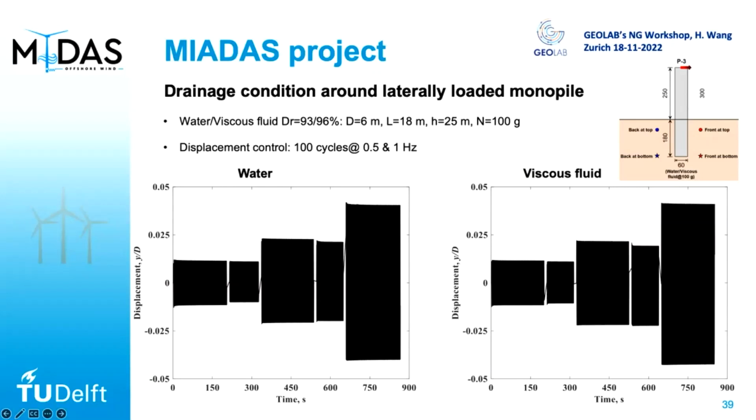But I'm a bit puzzled because in reality, the period of waves is something like, what is it, 10 seconds? 10 seconds, let's say, right? Yeah. So I would not say that this is very slow. In reality, you also have 0.1 hertz more or less as a typical loading.